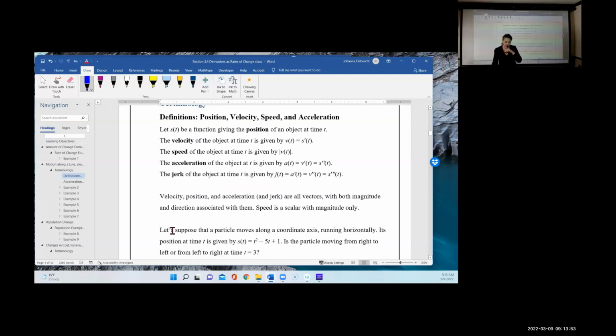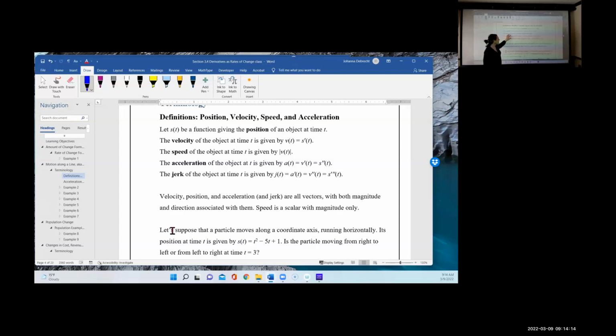So we actually have all these different relationships here. If we let s of t be a function giving the position of a particle at time t, then the velocity is given by the first derivative of the position function. So derivative of position gives us velocity.